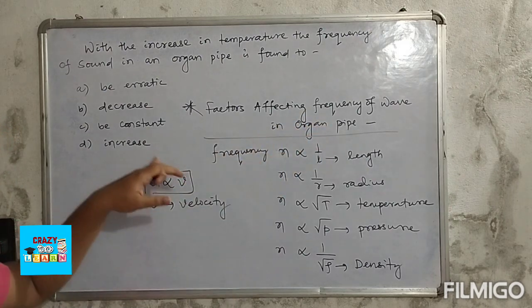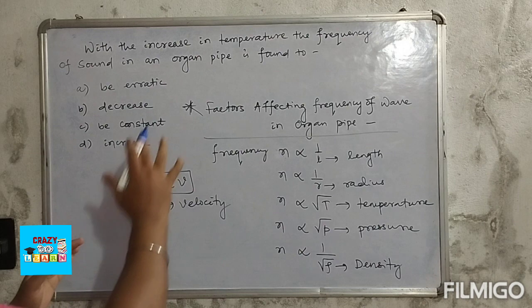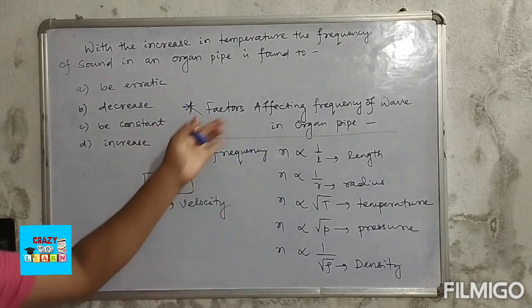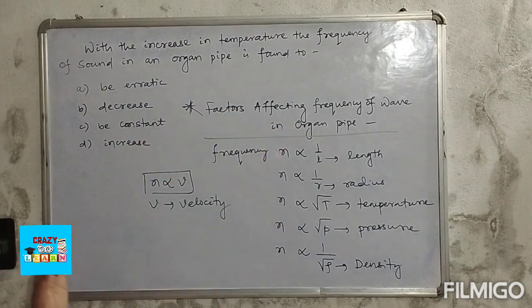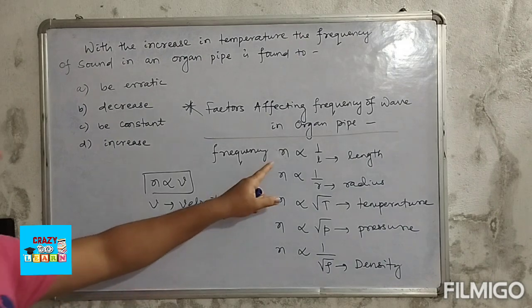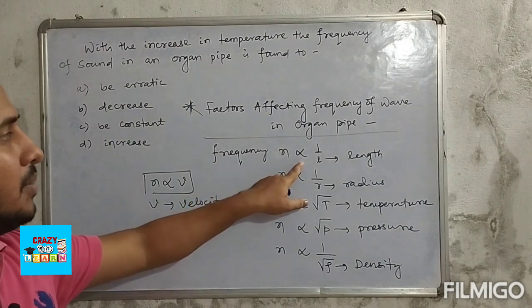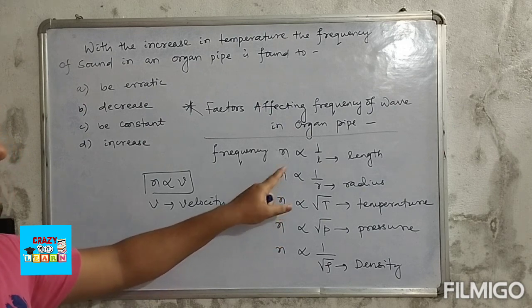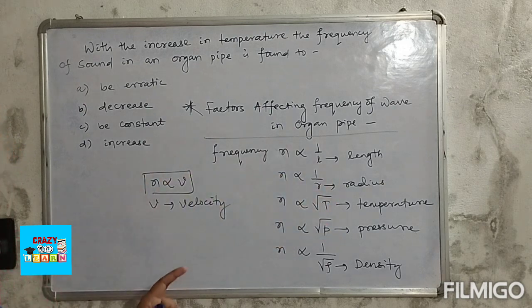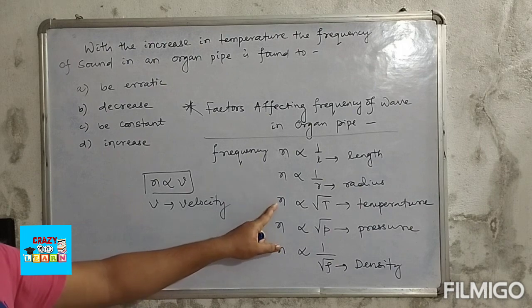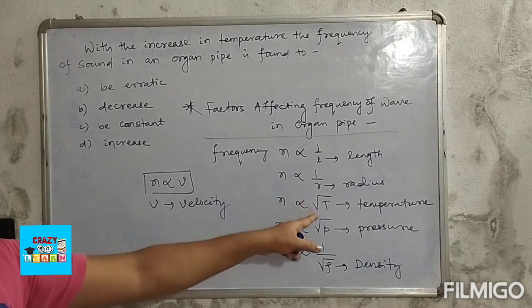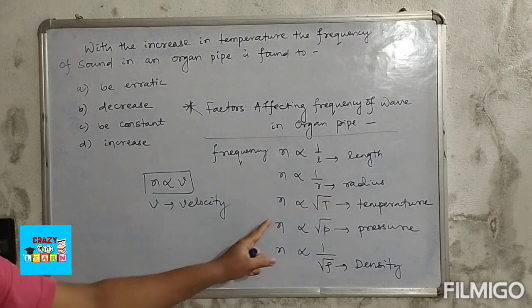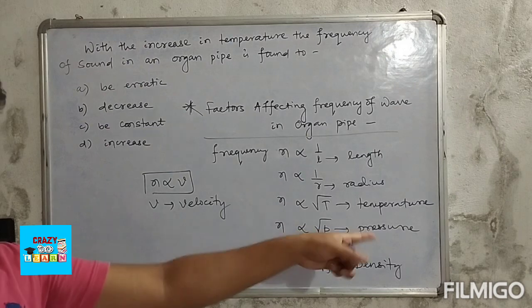In another class, I will explain how these factors affect it. The frequency inversely depends upon the length of the air column in case of an organ pipe. Frequency depends inversely upon the radius of the air column. N depends directly upon the square root of T, that means temperature. N depends directly upon the square root of P, that means pressure.